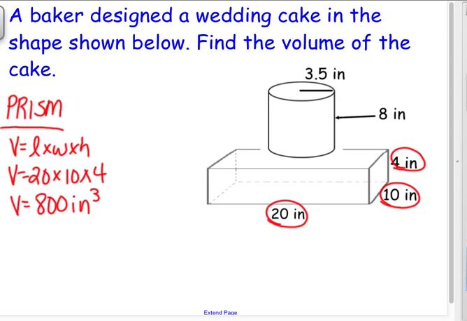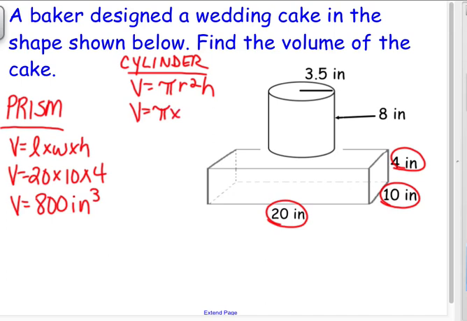Now we have to find the volume of the cylinder, which is what we've been doing in this lesson. What's the radius? 3.5.